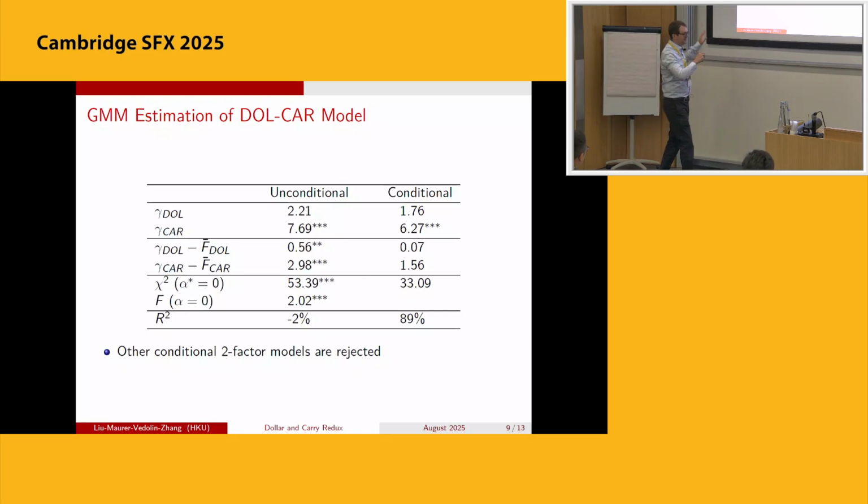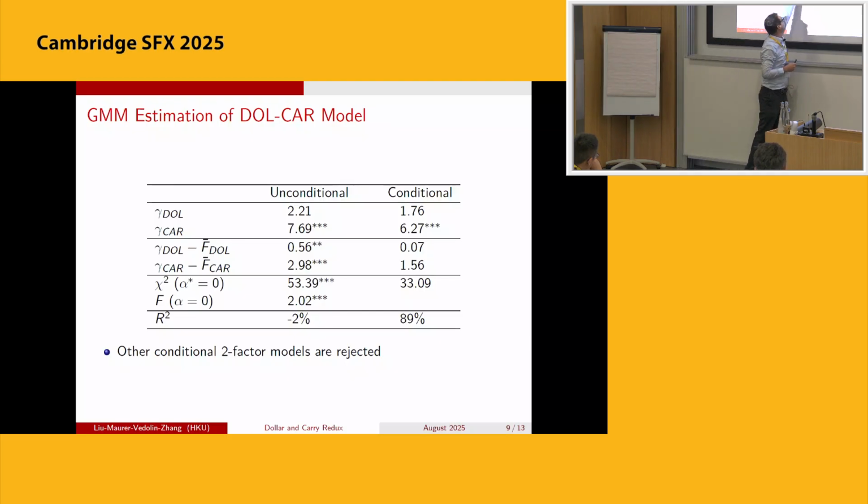If you remember the picture before where I showed you this cloud of points which cannot be fit with the unconditional model versus where it lines up very well with the conditional model, this is basically the numbers to that. So we find that in the unconditional model, you estimate a dollar risk premium which is insignificant, which the literature usually shows, and a carry risk premium which is large and significant, but you also find that these estimated risk premia are different from the average returns, which is already a rejection of the model.